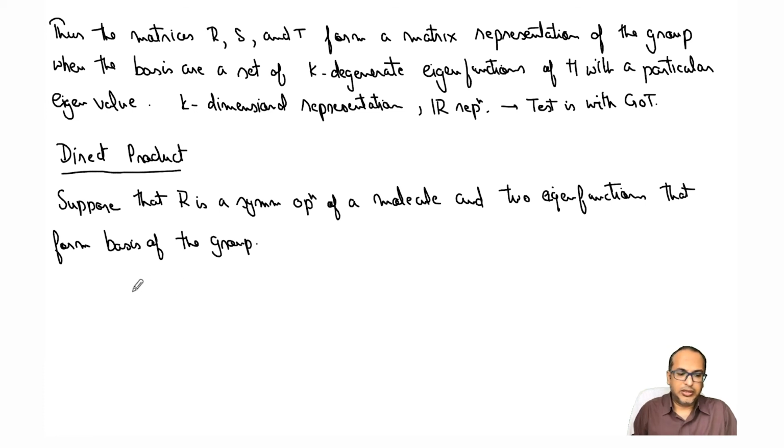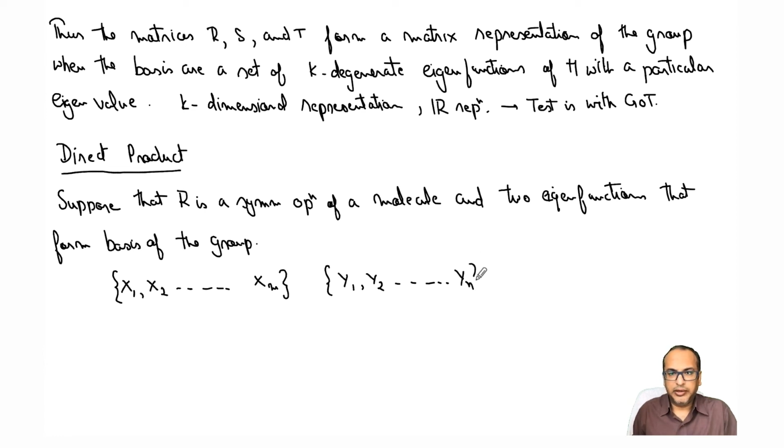Let us write down one set as x1, x2, going all the way to x_m. And the second set is, let's say, y1, y2, going all the way to y_n.